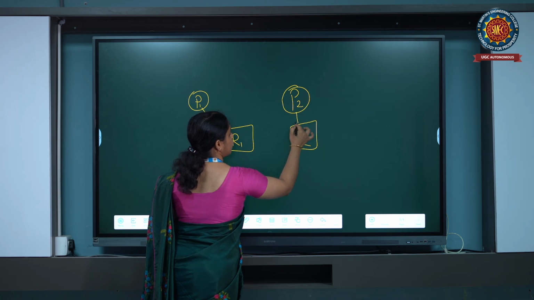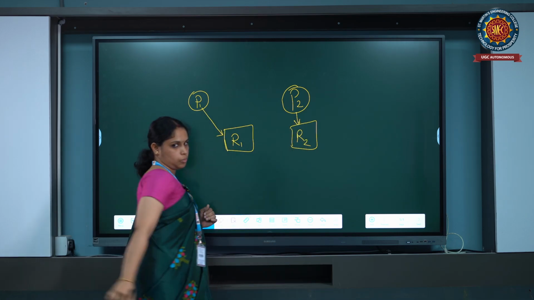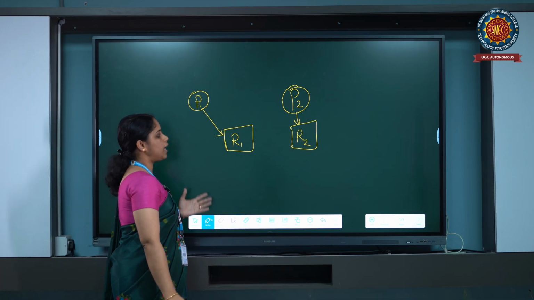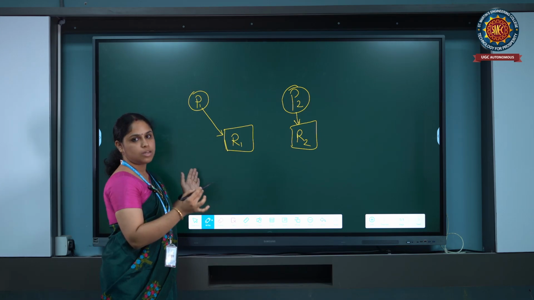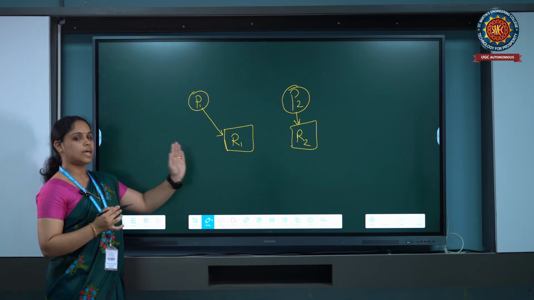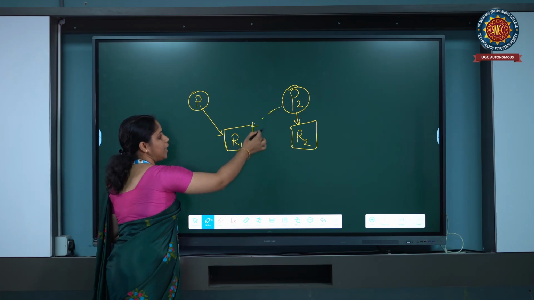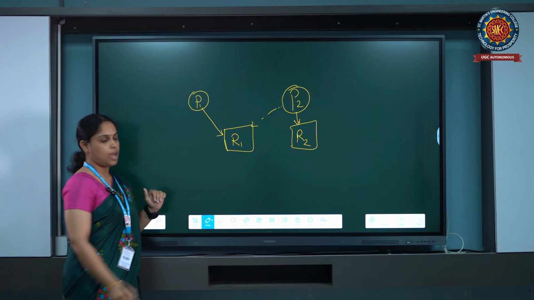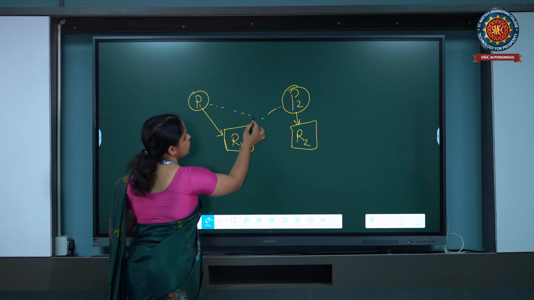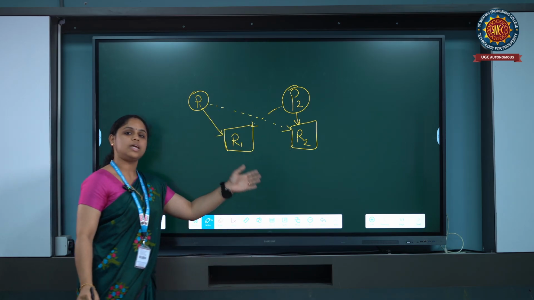P2 already holds R2. So both processes are holding one resource each. Next, P2 is requesting R1, and just like that, P1 is requesting R2.